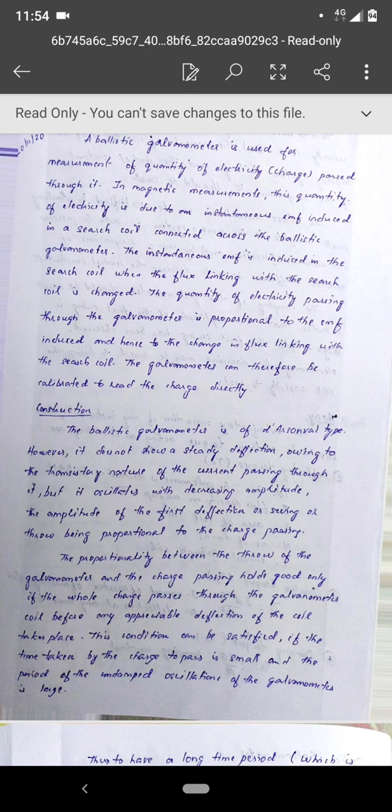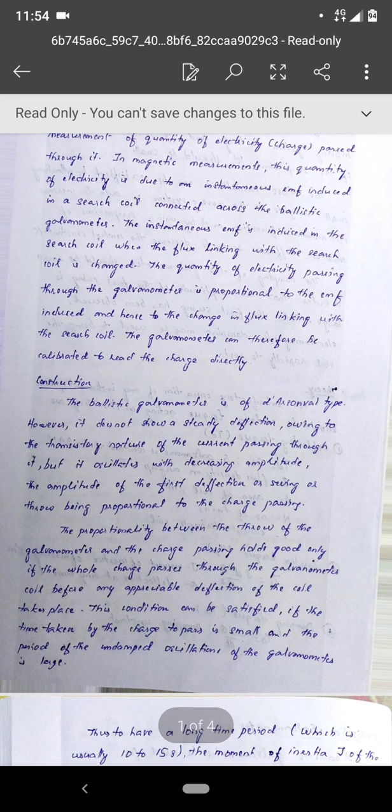So how are such effects achieved in a ballistic galvanometer? For maintaining zero controlling torque, we don't have any control springs.